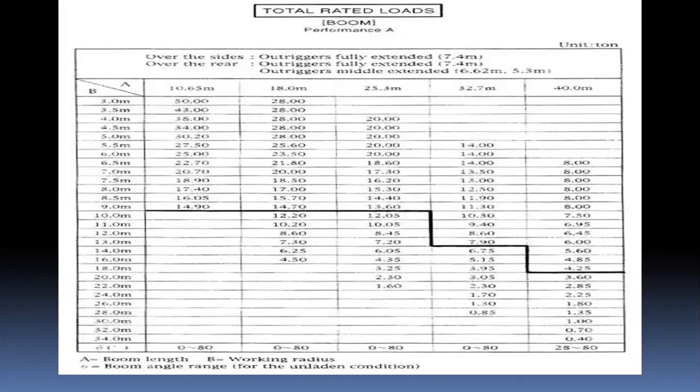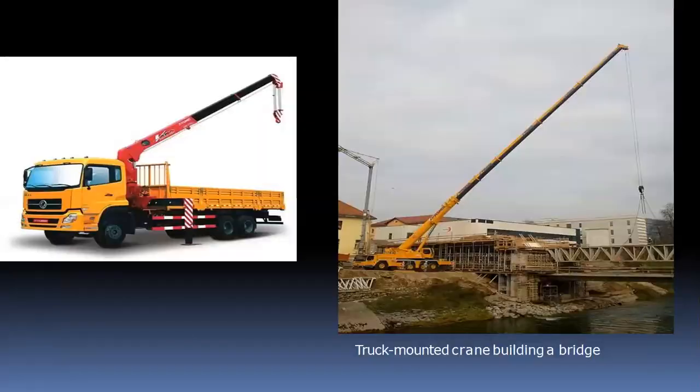So here, if the boom length is 18, the work range is between a minimum of 3 meters and a maximum of 28 meters. So, the boom angle range for the unladen conditions.